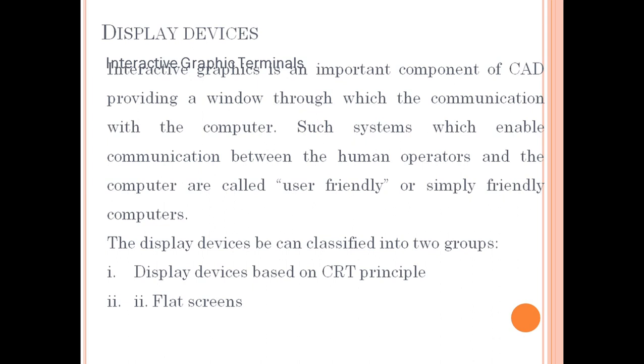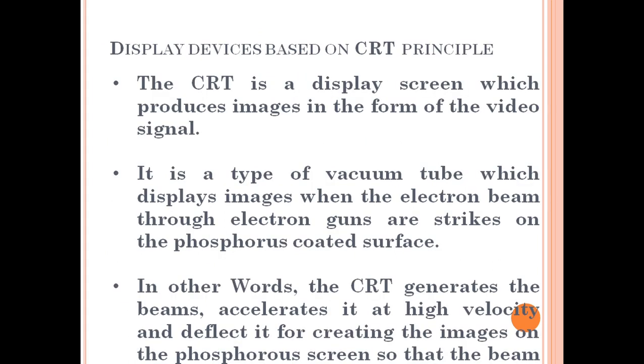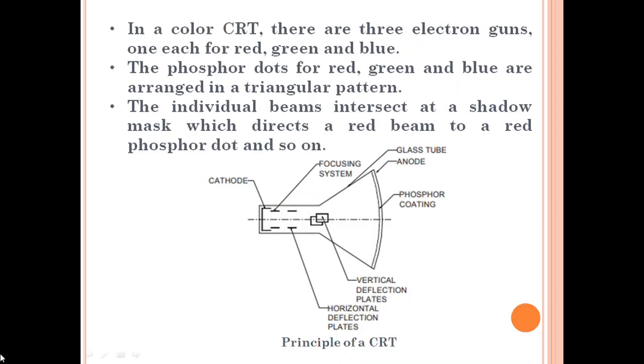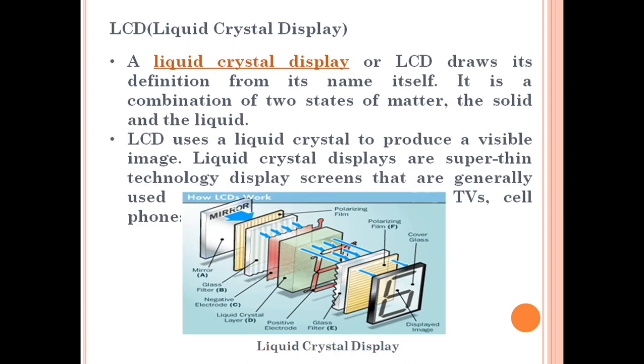This is a displaying device. CRT monitor, flat monitor is a CRT type. It's an electron gun slightly coated with a surface. It's like a CRT monitor: cathodes, focusing system, and then glass tube, anode, and the anode is also coated with a layer. This is LCD, liquid crystal display.